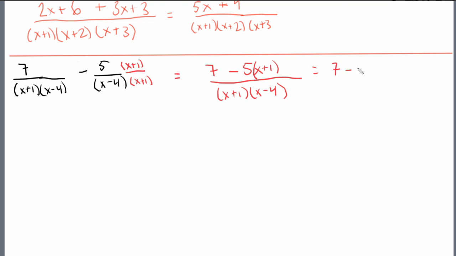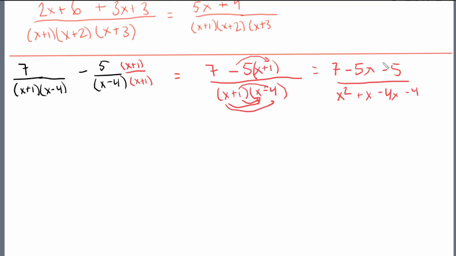So minus 5x, negative 5 times 1, minus 5. Let's FOIL the bottom out, because we can. So let's see, x times x, I got x squared, 1x, so plus 1x, minus 4x, and then 1 times negative 4, minus 4.